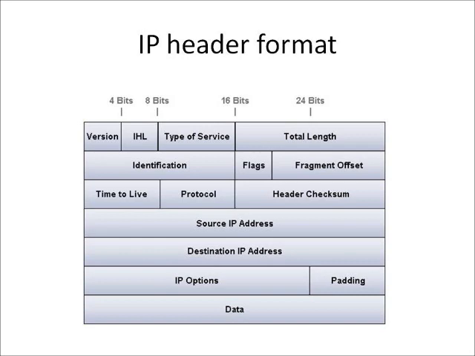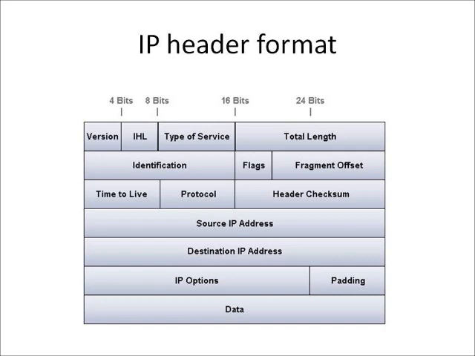So the IP header then has, in this case, the version, the IHL, the type of service, the total length of the IP packet itself, some identification frames, some flags, an offset in case the IP packet has been fragmented, and this offset will tell us where we are within the fragment.